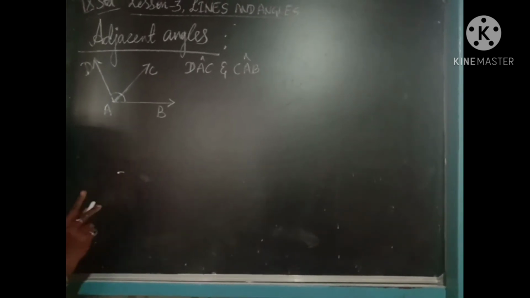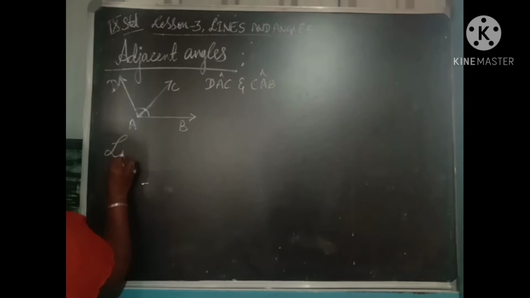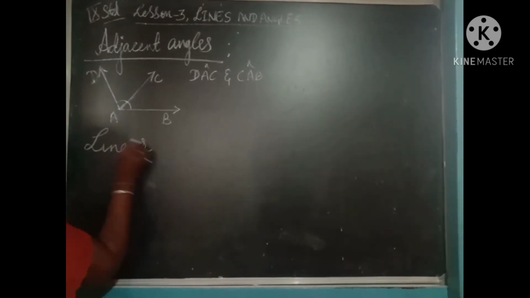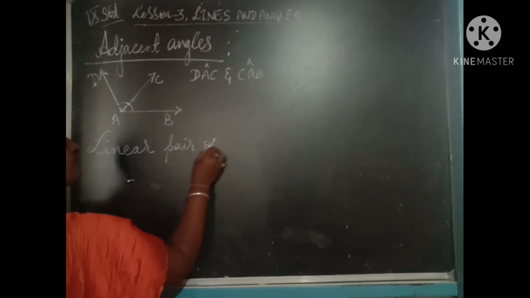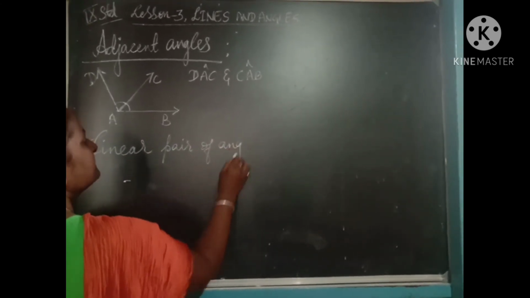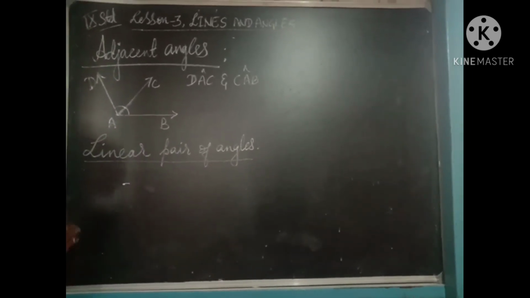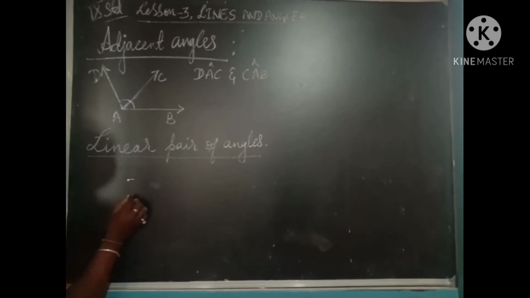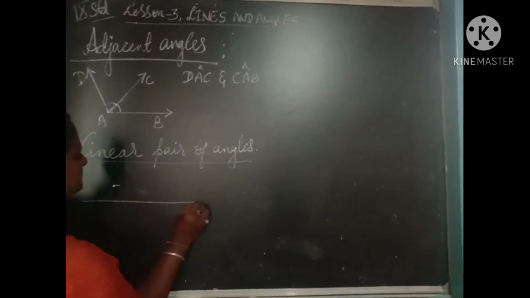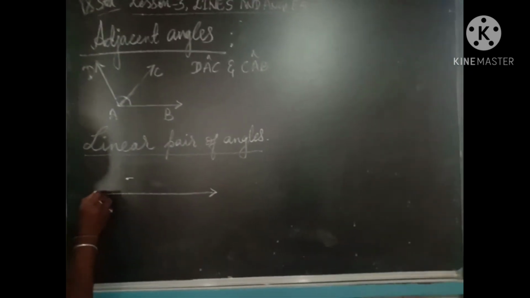Now let us move to the next type of angle, that is the linear pair of angles. What are linear pair of angles? You all understood what a straight angle is, is it not?